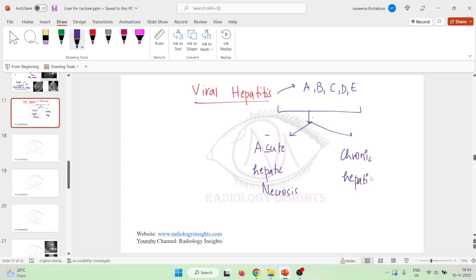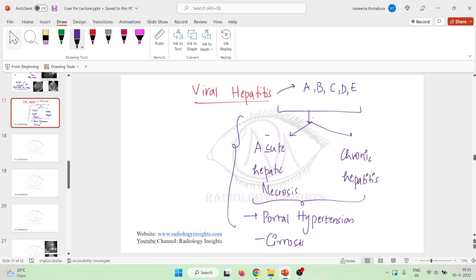In both these cases, either acute hepatic necrosis or chronic hepatitis, portal hypertension can be seen in the patient. Similarly, the patient can slowly develop cirrhosis. So these are the complications of either acute hepatic necrosis or chronic hepatitis. And all these patients are at increased risk of hepatocellular carcinoma.